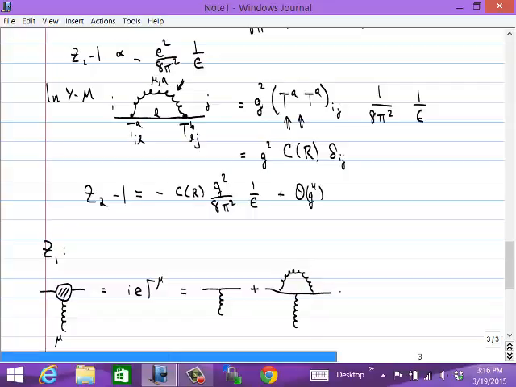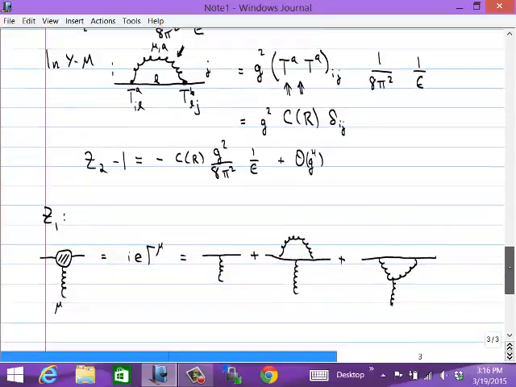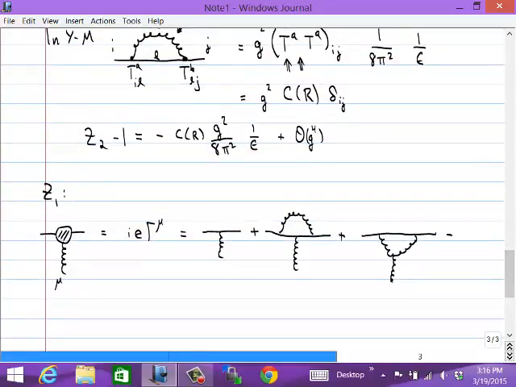But if you think about it, in Yang-Mills theory, there's actually one additional contribution to the fermion gauge boson coupling, which arises because gauge bosons can now interact with one another. And then, of course, we have to add the counter term.